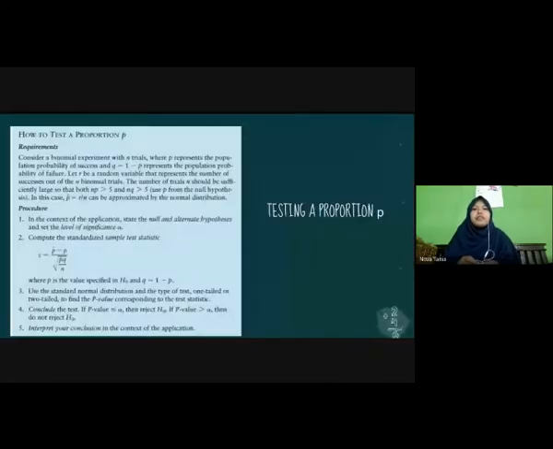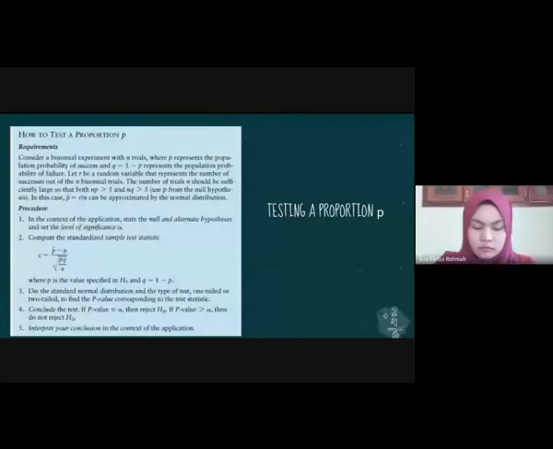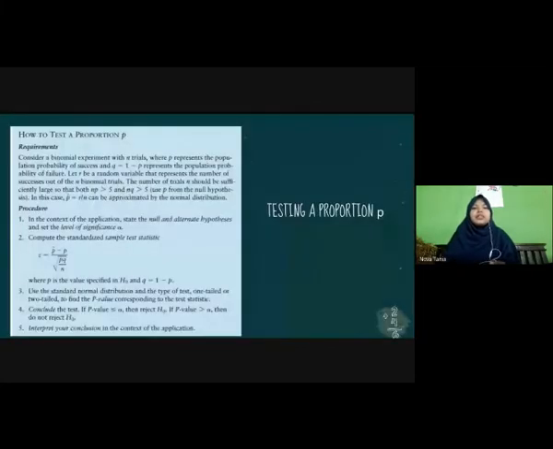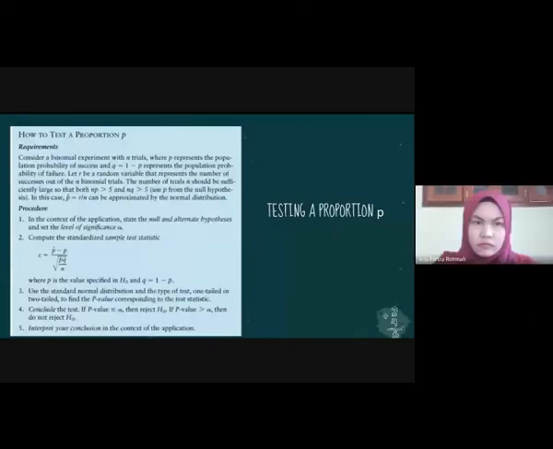where P is the value specified in the null hypothesis and Q equals 1 minus P. Third, use the standard normal distribution and the type of test, one tail or two tails. Find the p-value corresponding to the test statistic. Fourth, conclude the test.